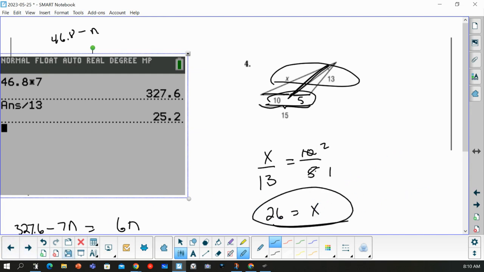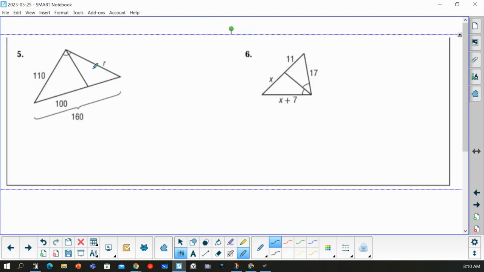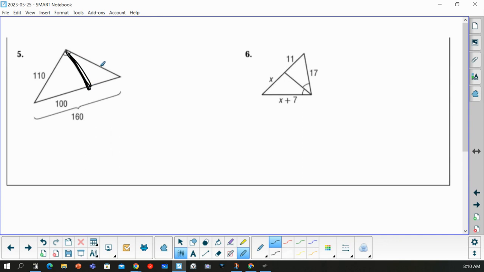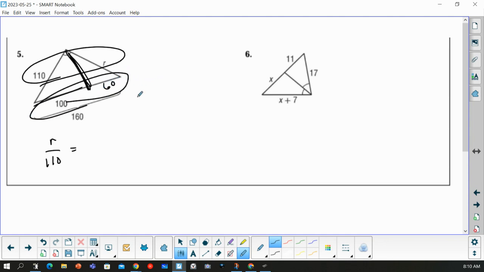2 questions left. Okay, there's my angle bisector, r over 110. And then whatever this is, well, if this is 100 on this side and the whole thing's 160, that would have to be 60. So 60 over 100. And I know 10 goes into both of those, it would be 6 over 10.